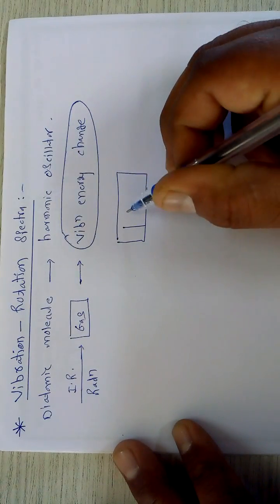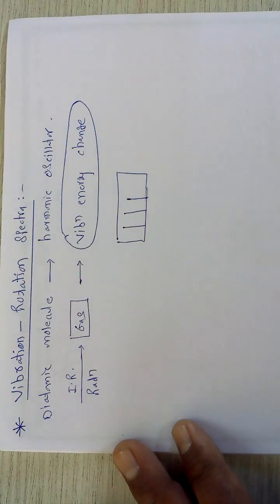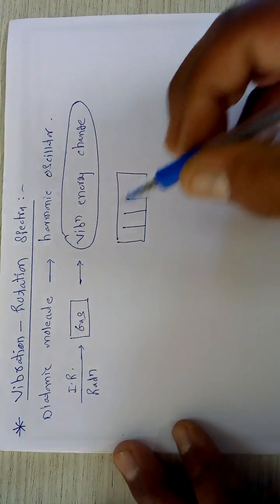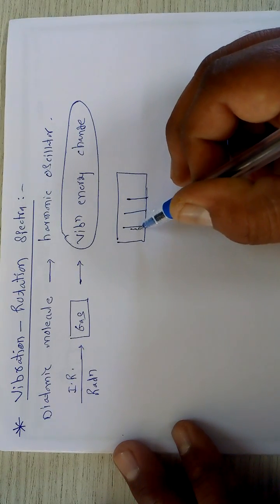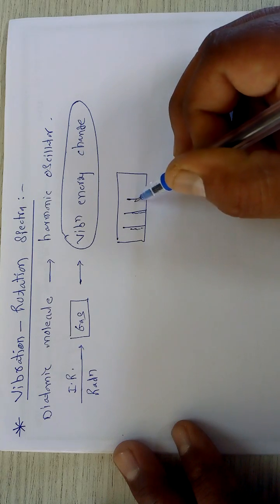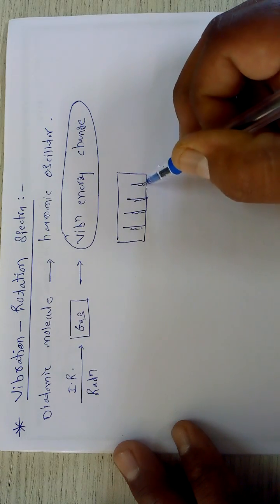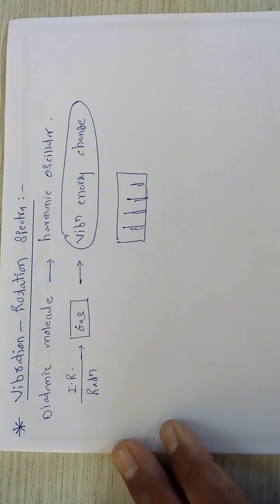Suppose in this spectrum, what happens? Very small lines also occur along with the lines for vibrational energy change.